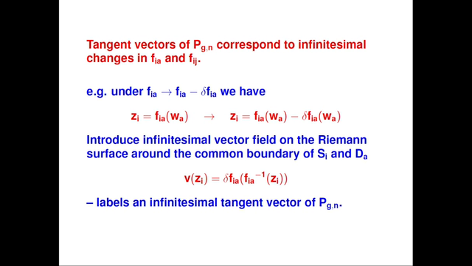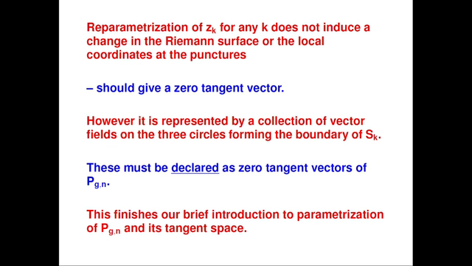I have described this here. So let us suppose that we carry out a small reparametrization of Zk, one of the coordinates on Sk. Now clearly this does not induce any change in the Riemann surface or the local coordinates at the punctures, so it keeps you at the same point in PGN. So it should give a 0 tangent vector of PGN.